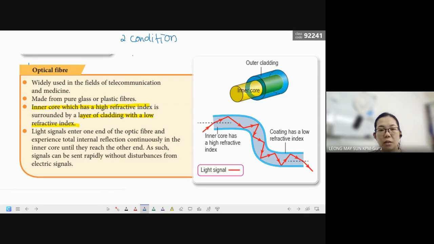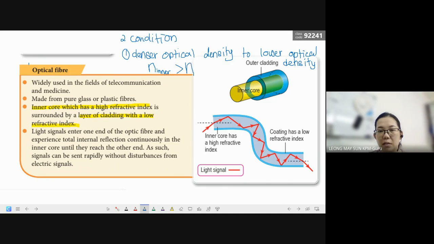The first condition is that it must move from a denser optical density, or higher optical density, to a lower optical density. It also means that the refractive index of the inner core needs to be higher compared to the refractive index of the outer layer, because it's lower optical density.